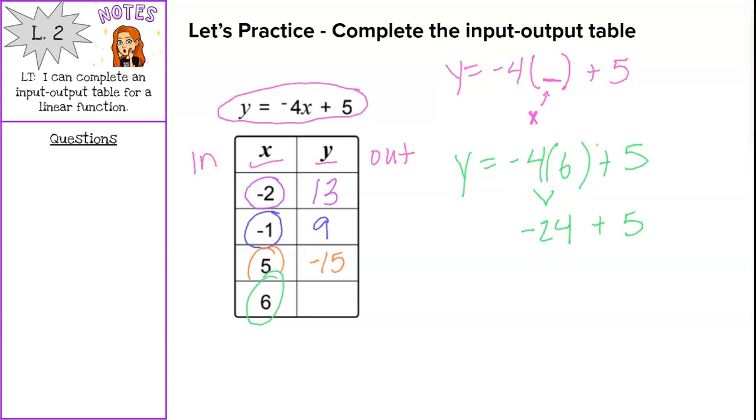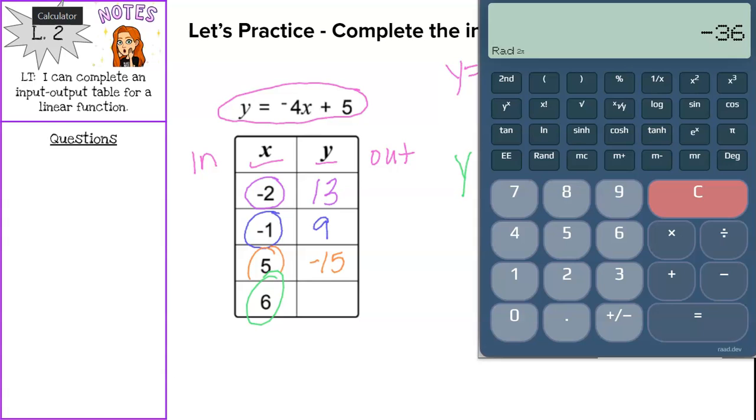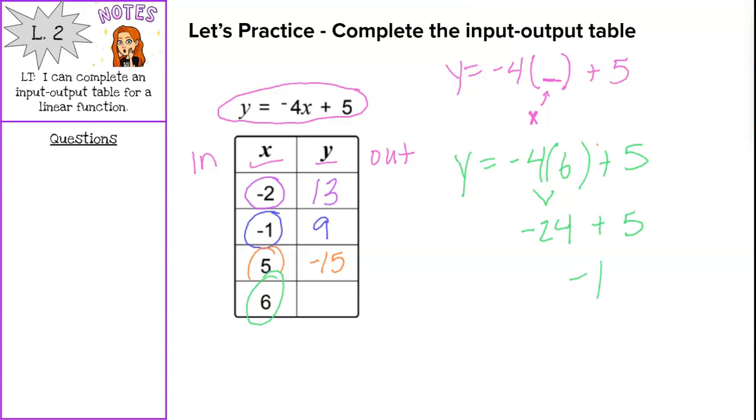If you guys are struggling with your integer operations, that's okay. We can always use a calculator. So to do negative 24, I do 24, make it negative, plus 5 equals negative 19. So I know that my answer, y equals negative 19, and I can put negative 19 in my table.